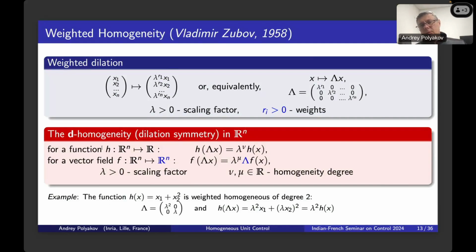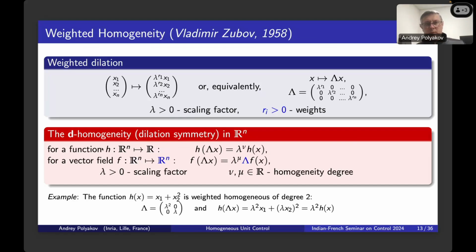And at least in systems theory and stability analysis, the first paper devoted to the analysis of differential equations which are homogeneous in a generalized sense was published by Vladimir Zubov in 1958, where he studied a special kind of dilation where he scales the state of the ODE non-uniformly.